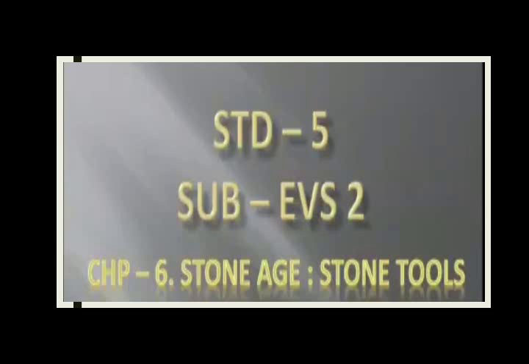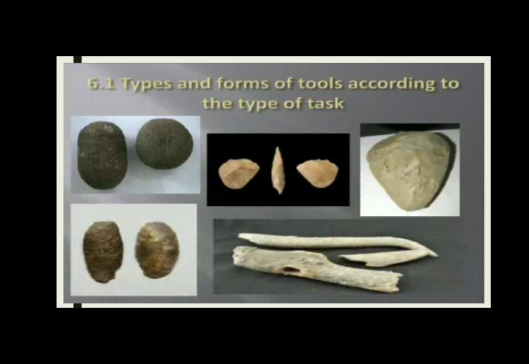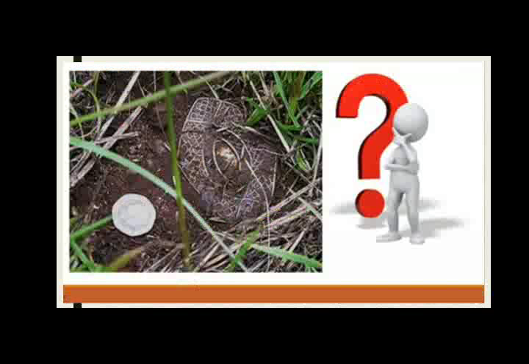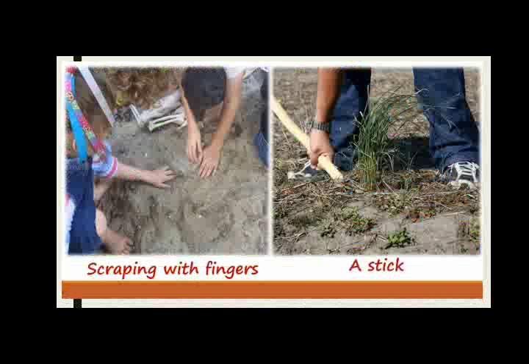Page number 25, 6.1, types and forms of tools according to the type of task. If you have seen a shiny object buried in the ground, what would you do to take it out? Perhaps you would scrape it out with your fingers or hands.